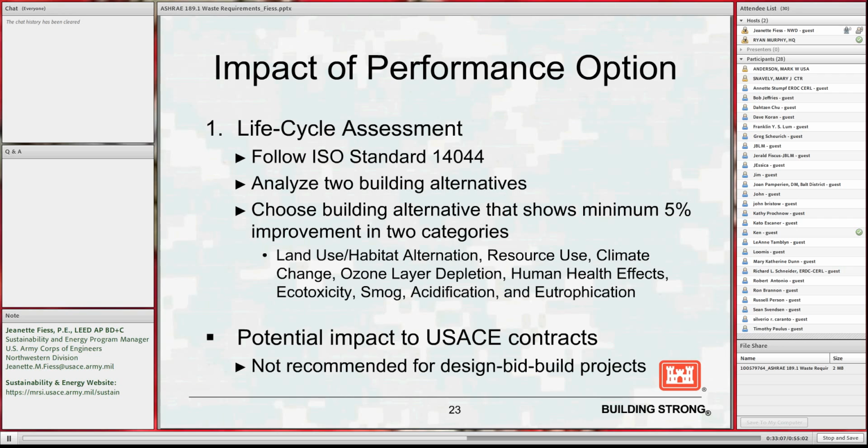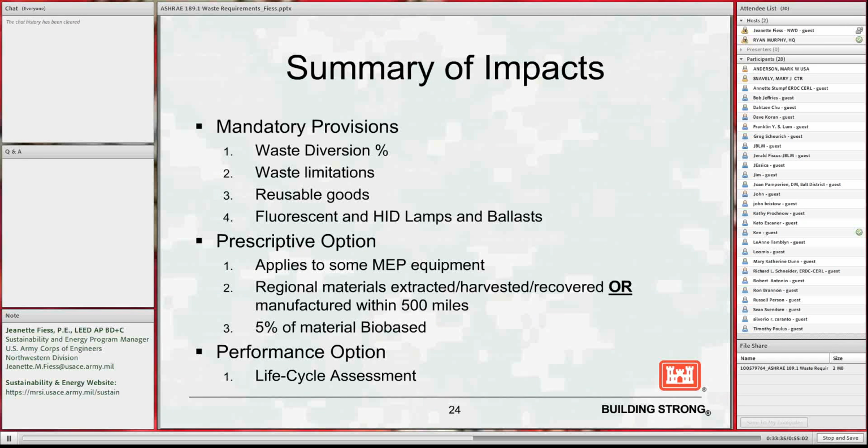So it's there as an option for teams if they so choose, but as expected, when 189.1 was put together, the prescriptive option was provided in each of these different sections with a purpose to help teams have a checklist to step through and quickly determine whether they are complying or not. So these performance-based options are a little bit more challenging to effectively document and pull all that together. And so it's not expected that a lot of projects are going to pursue this performance-based option.